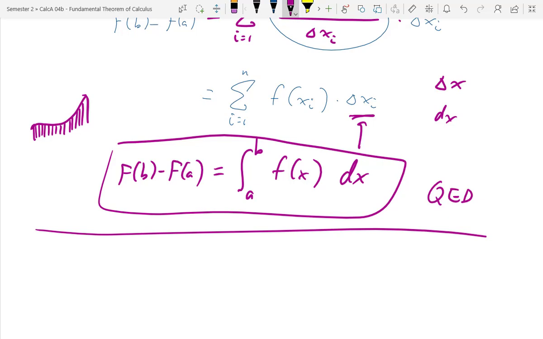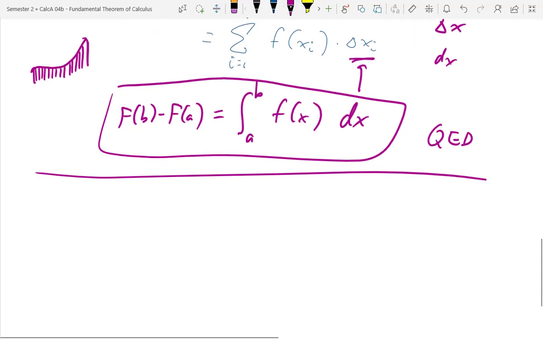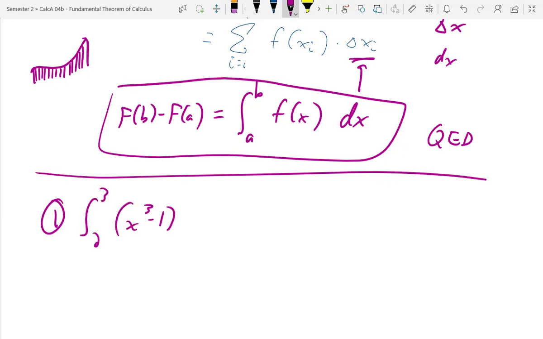They give you functions that you can't evaluate otherwise, or that would be too burdensome or take too much time. So the integral from 2 to 3 of x cubed minus 1 dx is something that we have not been able to do with visual methods.